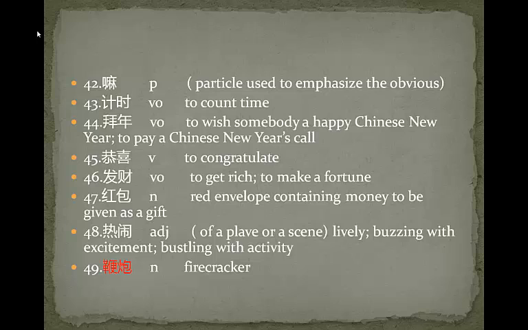Number 47, 红包. So everybody knows the character hong, right? It's very basic. And bao, it's also a basic character. Here it means envelope. Also, since it's a very basic character, you can add different radicals to it to create new characters.